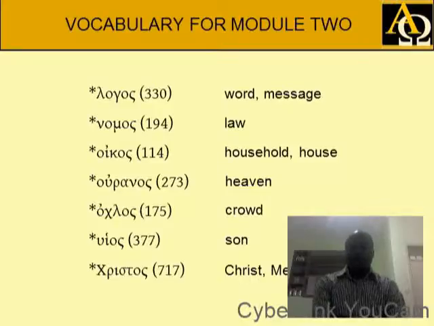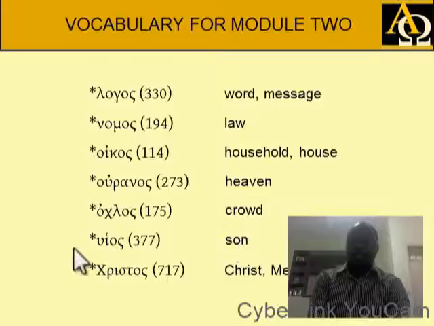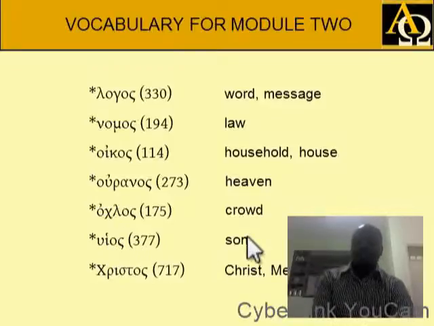Again, another diphthong there, u. So Uranus, heaven. Oklos, crowd. Huios, son. We are pronouncing it as hu instead of uios because of the half breathing, which we talked about in our first lesson. And then Christos is Christ or Messiah.